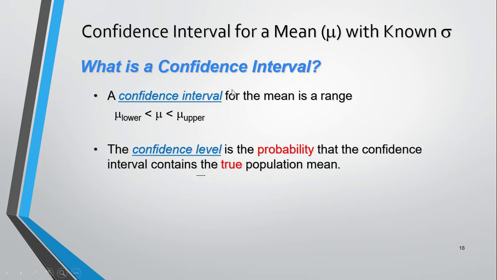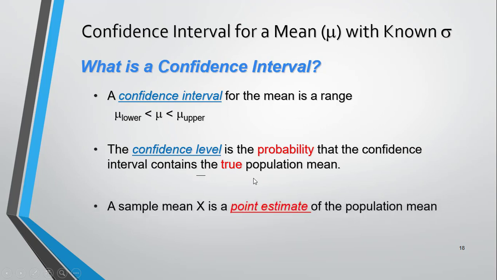A confidence interval for the mean is a range. This is the mean, this is the upper limit, and here's the lower limit. Between the upper and lower limit, that's a range. The confidence level is the probability that the confidence interval contains the true population mean.